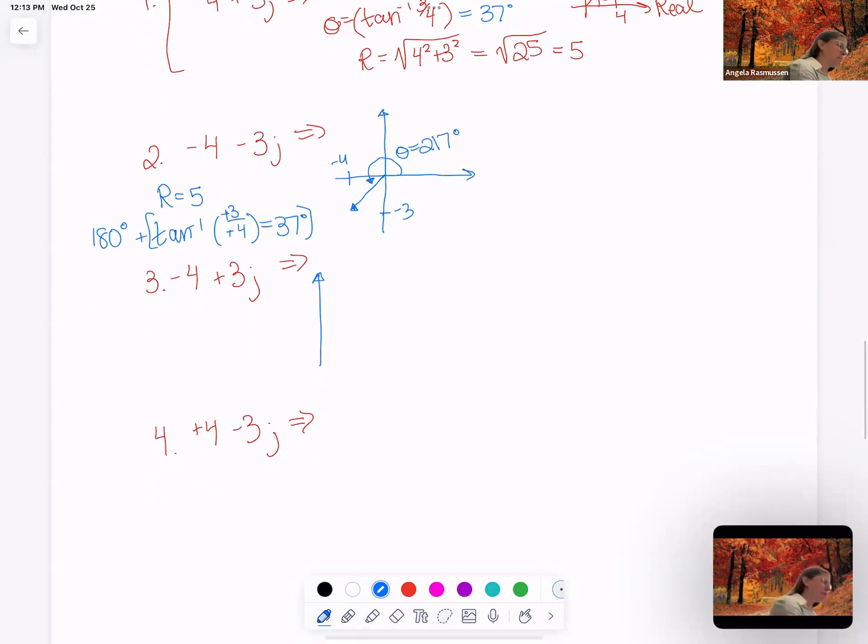Okay, where's this one? Okay, so it goes up over 4 and then up, so quadrant 2. And so what do you need to do here?